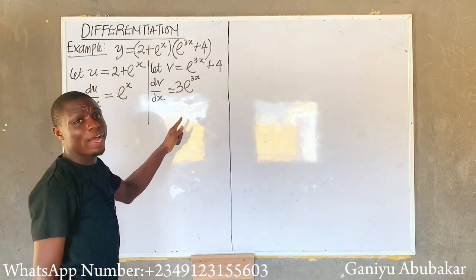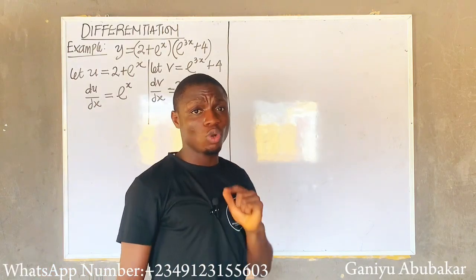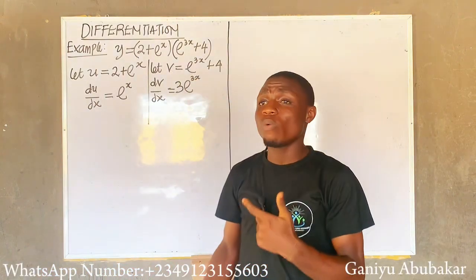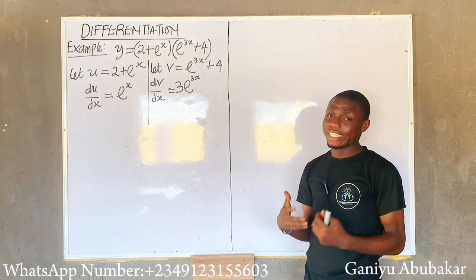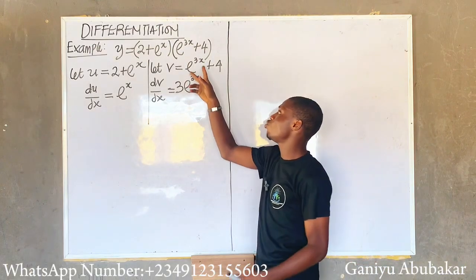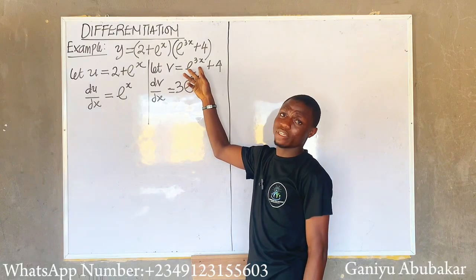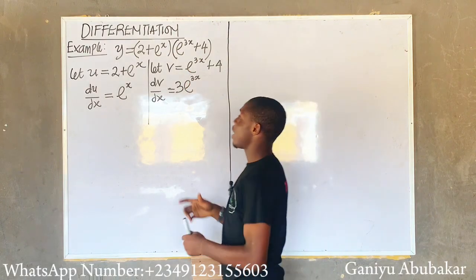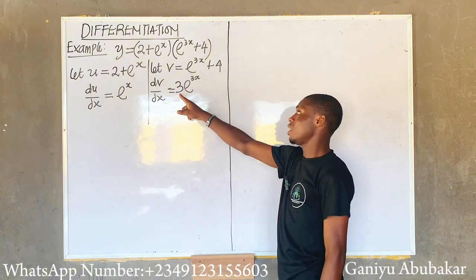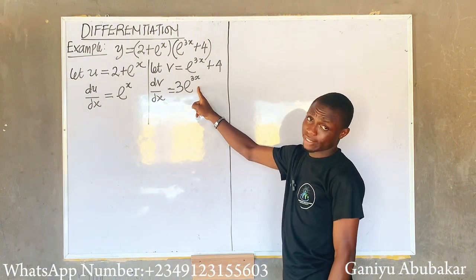Now understand why I emphasize the shortcuts. This is where we have to apply shortcuts. Without the shortcut, you would have to go through the long procedure of solving this. So that's why I show you the shortcuts. This is where we apply them. I expect that you should know how I got 3 exponential 3x.